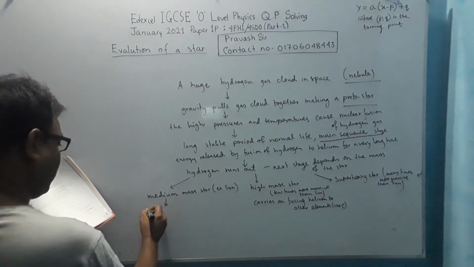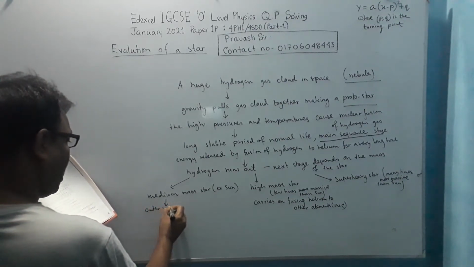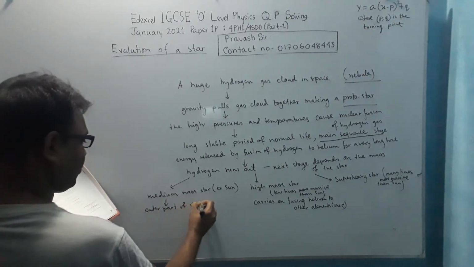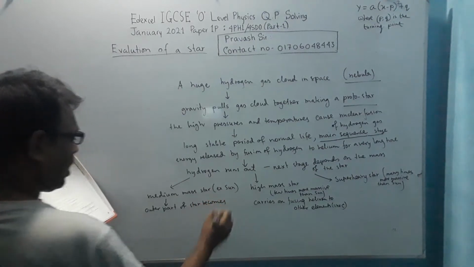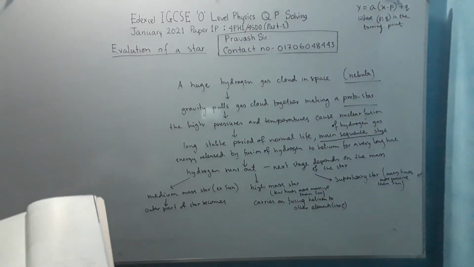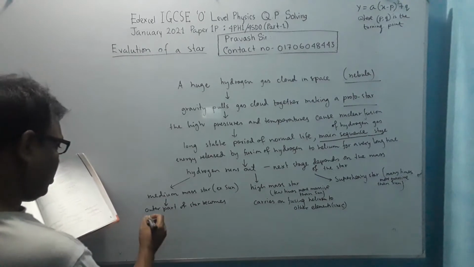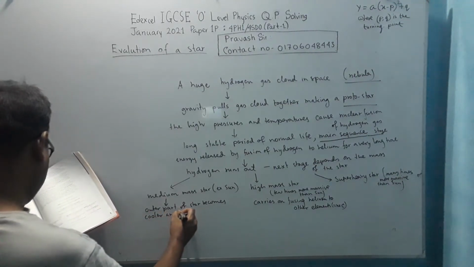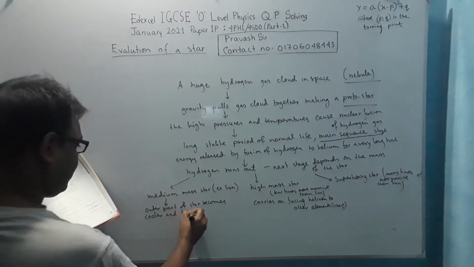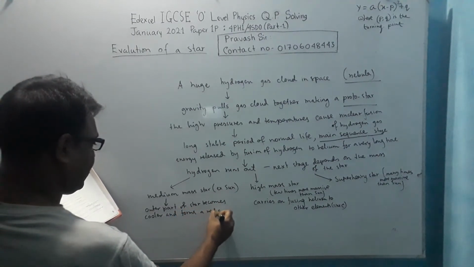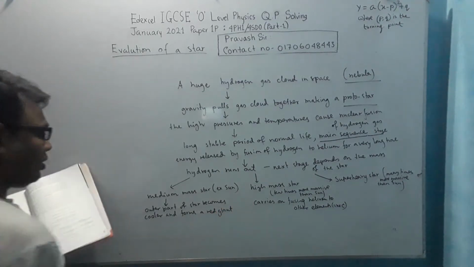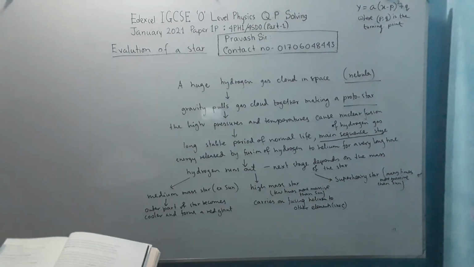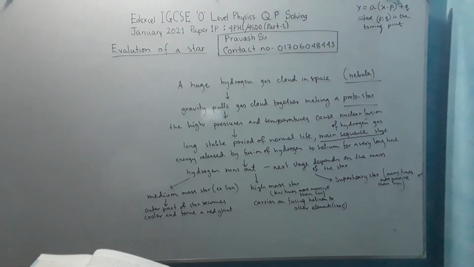The outer part of the star becomes cooler and forms a red giant. This is the medium mass star. It is turning into the red giant stage after the main sequence stage.